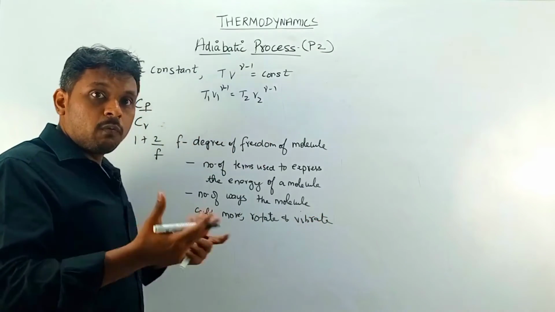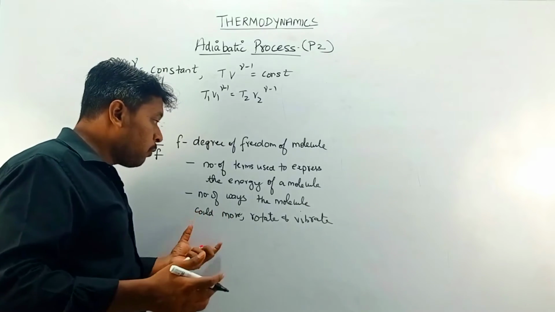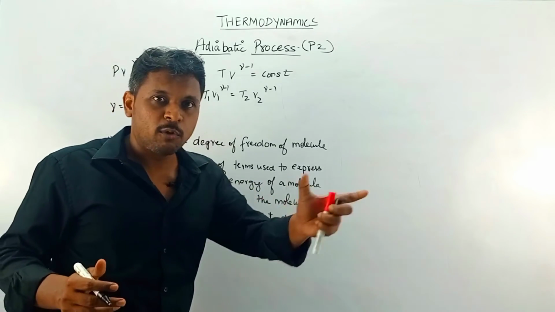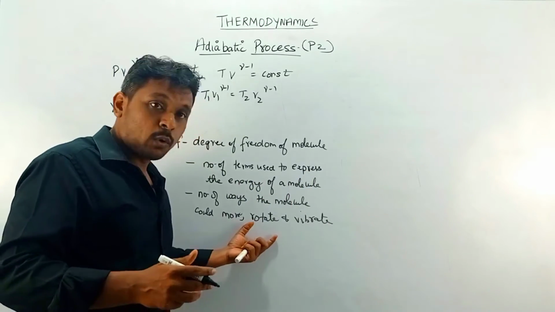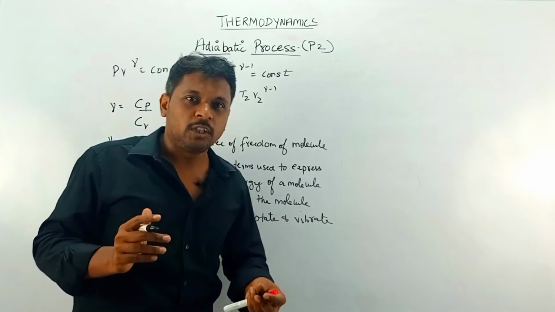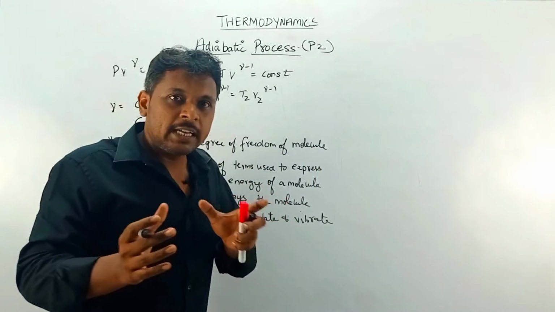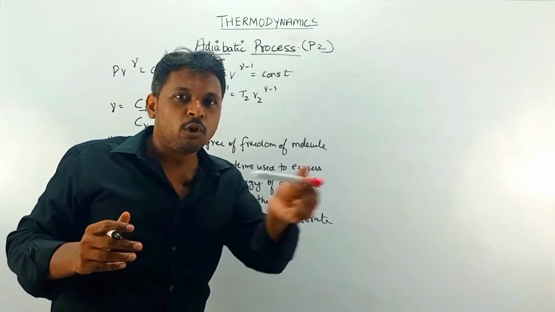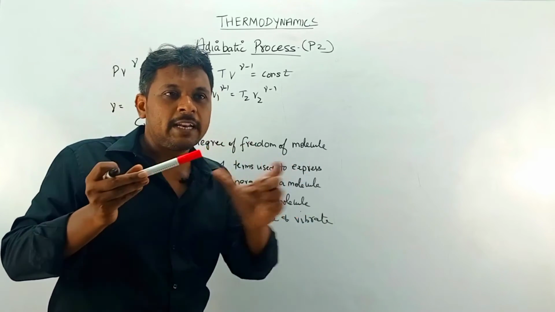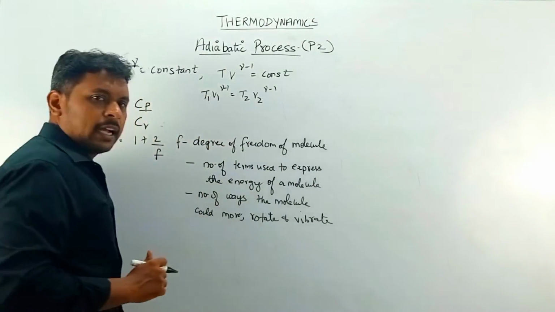So the number of ways in which there is a translational motion, the number of ways there is a rotational motion, and the number of ways in which there is vibrational motion. Because in case of a molecule, the degree of freedom is represented by the number of translational, rotational and vibrational motions. Okay, so this is about the degree of freedom.